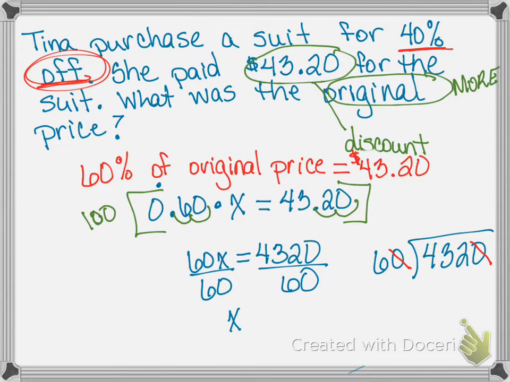How many times does 6 go into 43? 7. Good. And 7 times 6 is 42. I'm subtracting. How many times does 6 go into 12? 2 times. Good. So my original price is $72.